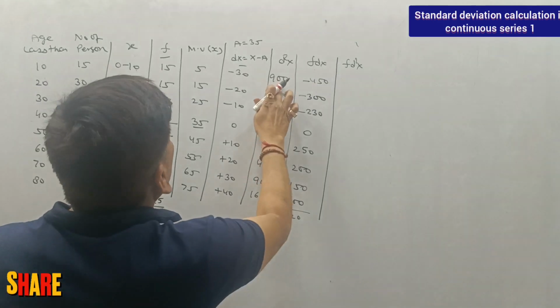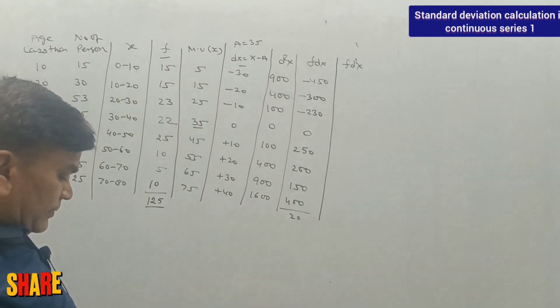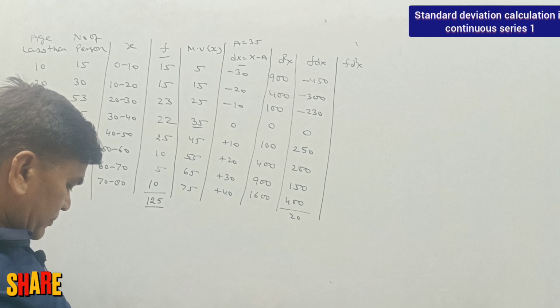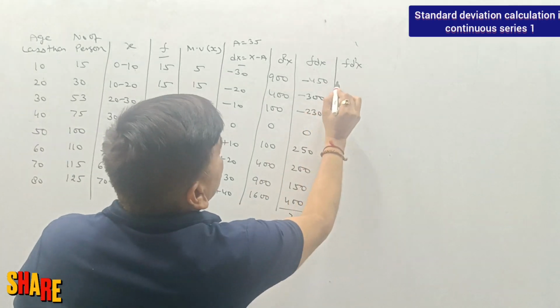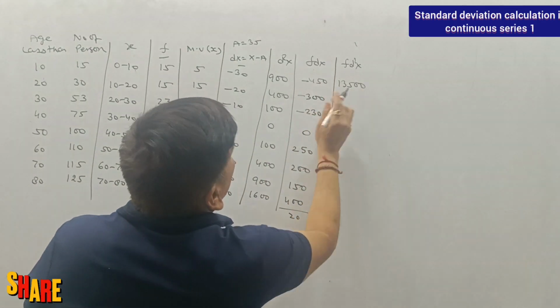Now f d square: 900 multiplied by 15 is 13500.